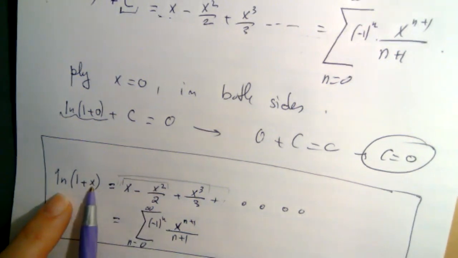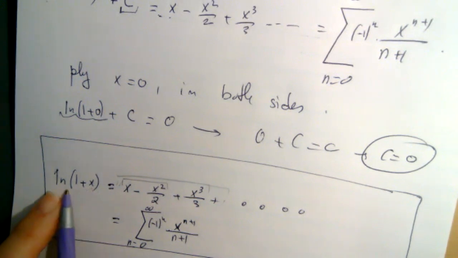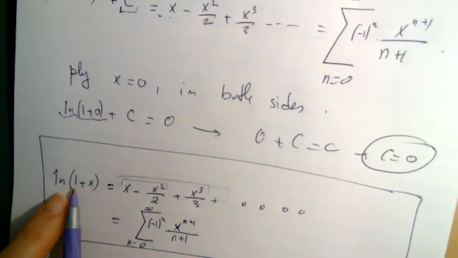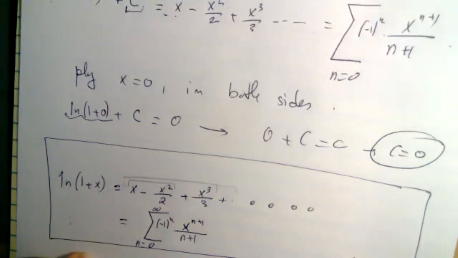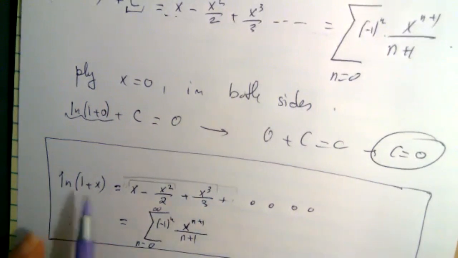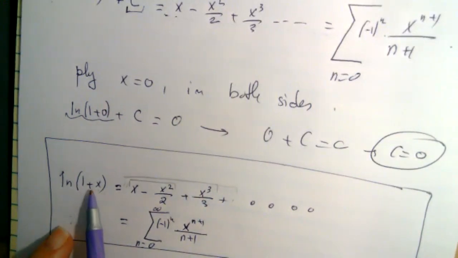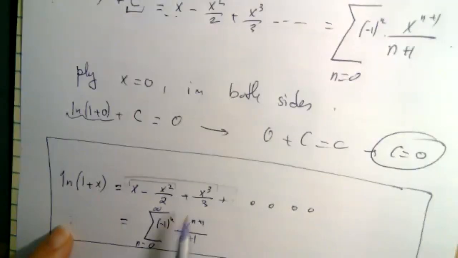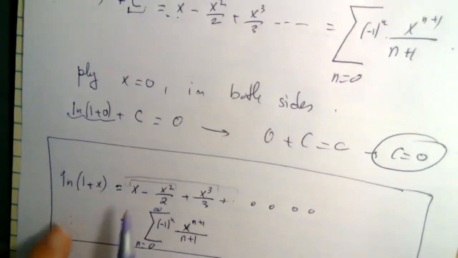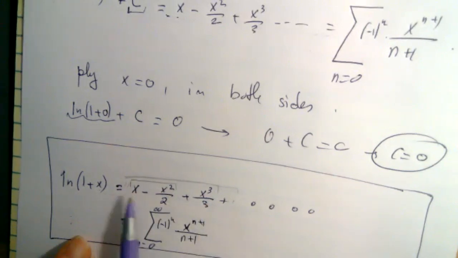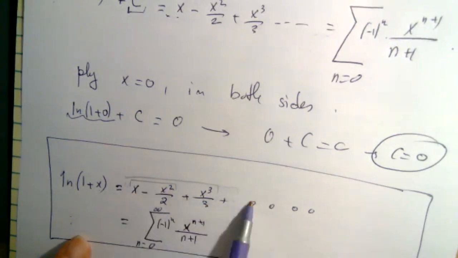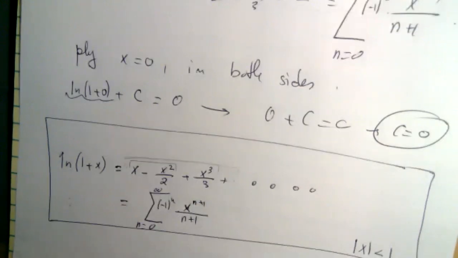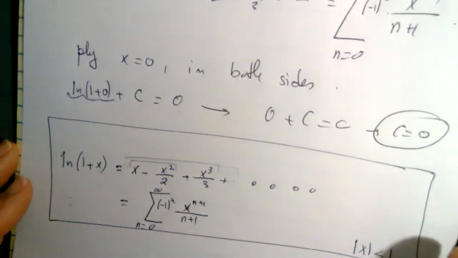Since x is between -1 and 1, 1 plus x is between 0 and 2. So I can find the value of ln of 1 plus x, which is very hard, by approximating it with this sum of numbers. Okay, so this takes care of ln of 1 plus x.